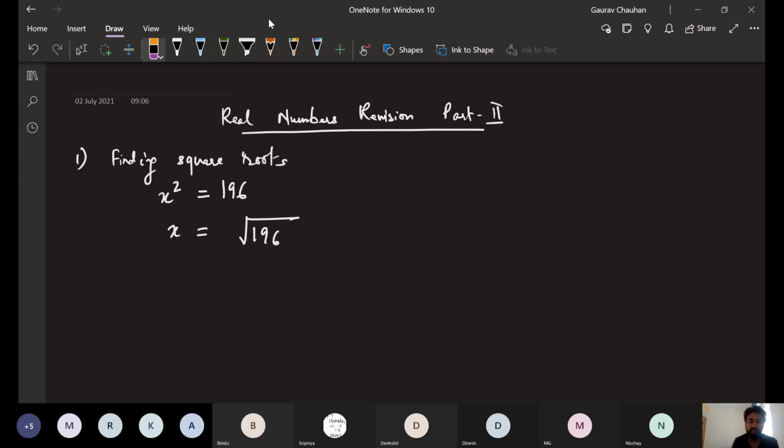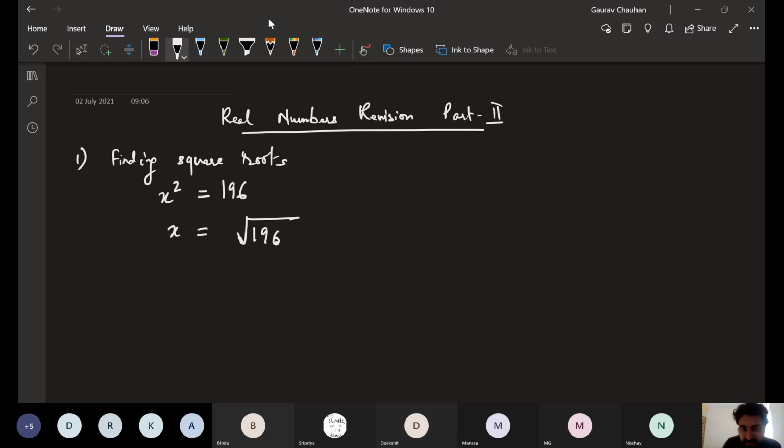Right now we need this for length purposes. In trigonometry all the lengths are positive only, so we're going to take that positive root. If you did not understand that, we will cover this topic when we study quadratic equations. Right now, x is equal to root over 196.